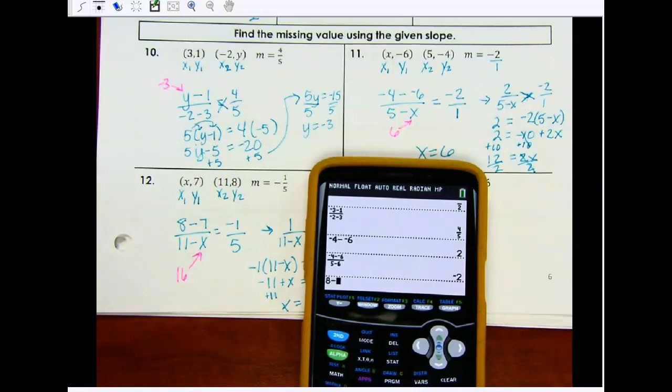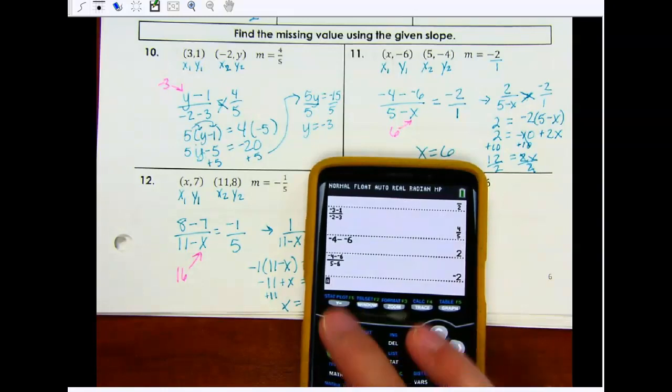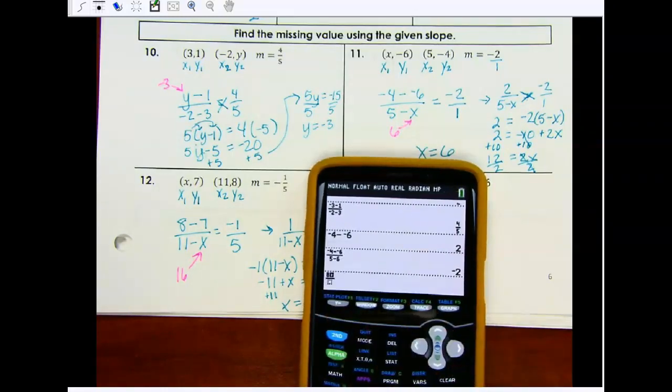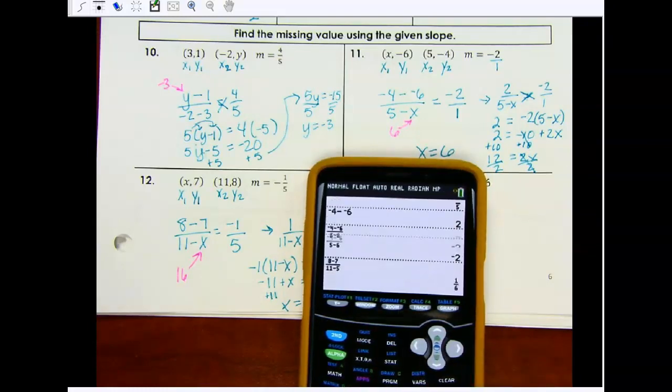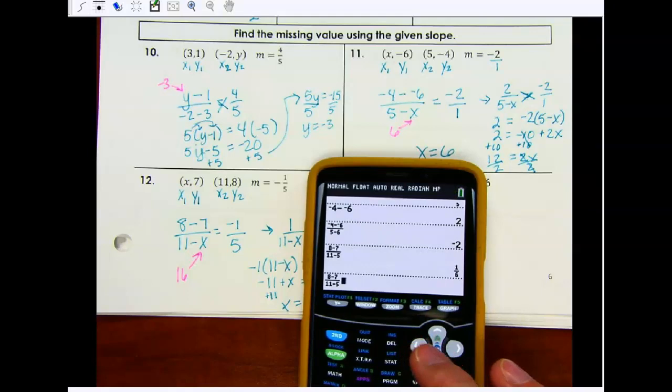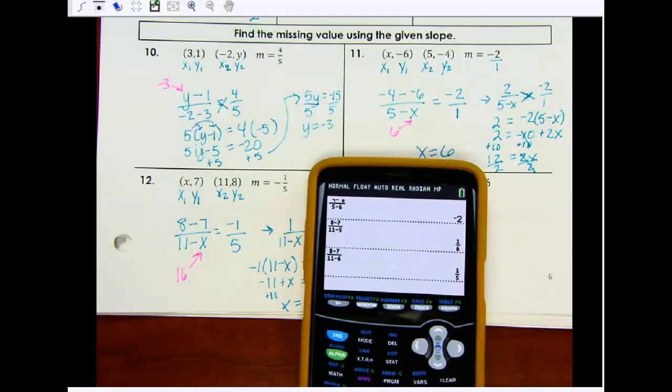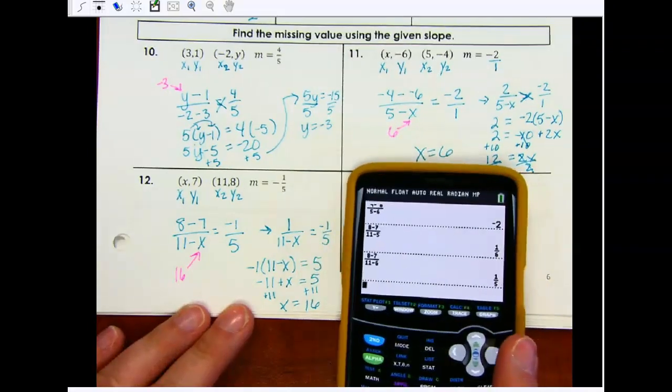So 8 minus 7, oh whoops, I forgot to put in the fraction. 8 minus 7 over 11 minus 6. I didn't type that, I typed 5. Did y'all see that? So I'm just going to change it. And that does give me, oh, that gives me 1/5.